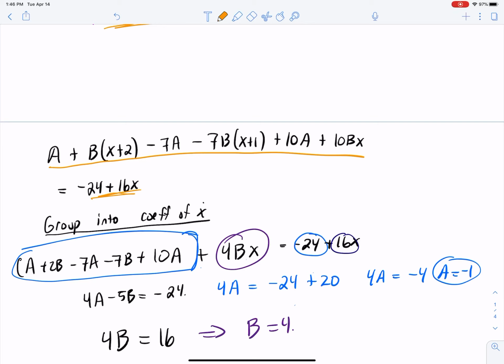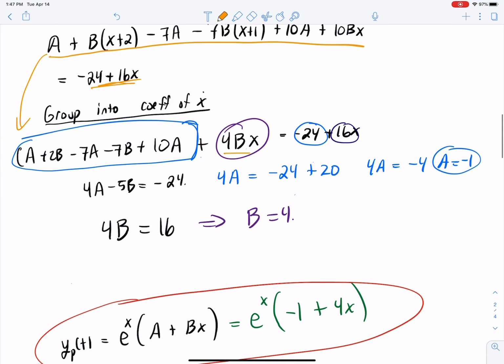The a gets here plus 2b, etc., minus 7a, minus 7b, plus 10a. That gives me all those terms. And then the terms that involve x's, I get bx and minus 7b and plus 10b, so net 4b x.